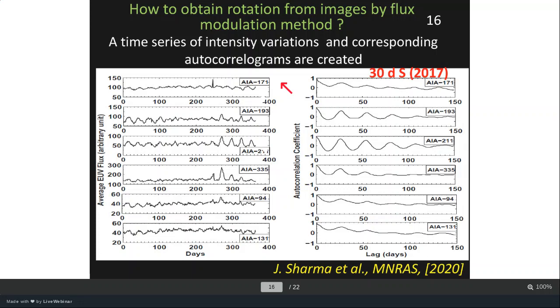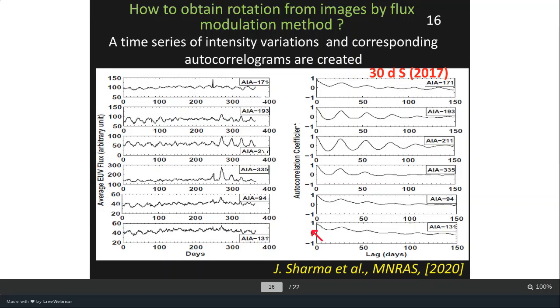So this first autocorrelogram is for AIA 171, corresponding to the AIA 171 flux time series, and again this autocorrelogram belongs to 193, this 211, and finally this autocorrelogram is for the 131 observations.